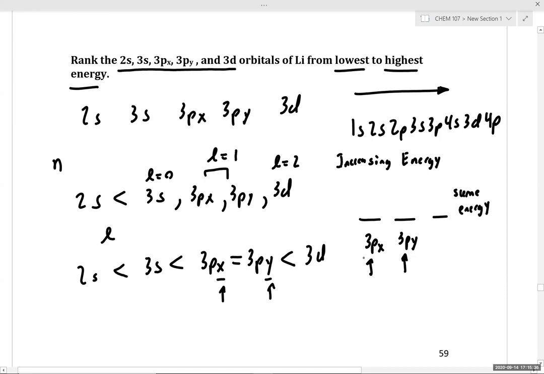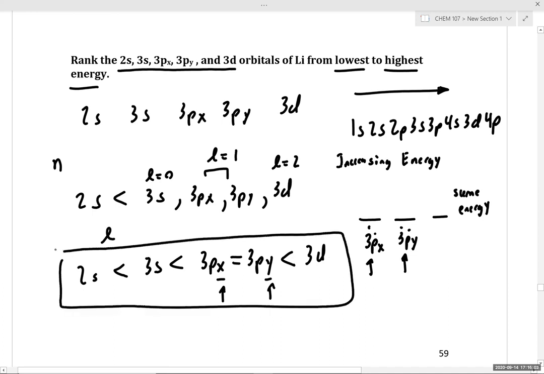Do these 3p orbitals have the same n and L value? Do they have the same number and letter describing that orbital? Yes. So as a result, these 3p orbitals, the 3px and the 3py orbital, are the same in energy. Finally, the 3d orbital is the highest in energy.